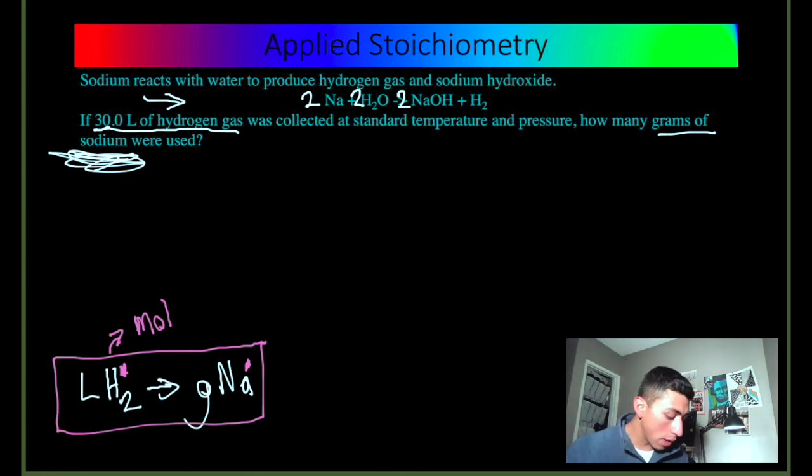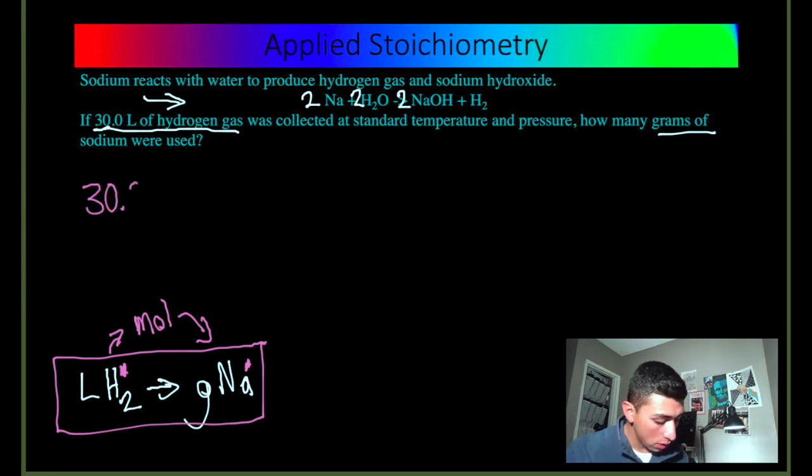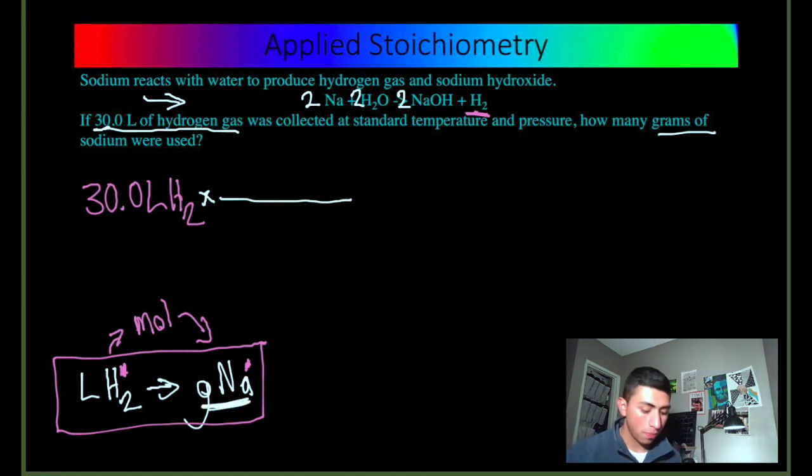Now this seems very confusing, but just keep in mind for now that we have to go through the unit of moles. It's going to be way easier once I explain it as I set up the problem. So we're starting off with 30.0 liters of hydrogen gas, on the product side of this chemical reaction, and they're asking us to convert to grams of sodium.